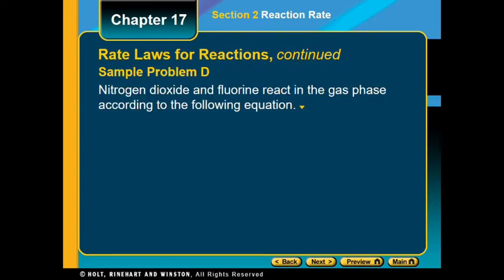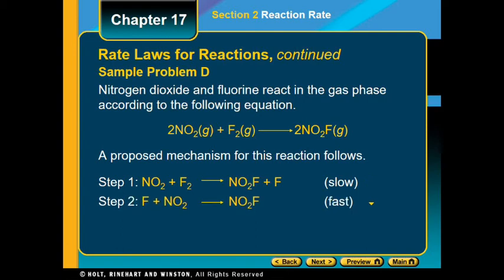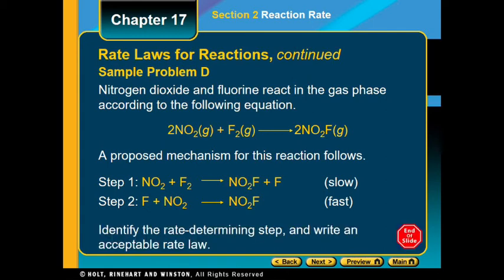So looking at another sample problem, nitrogen dioxide and fluorine react to give us NO2F. In a proposed mechanism, the first step is going to be our slow step, and then the second step gives us the actual NO2F, which is the fast step. We want to identify the rate determining step, which will be step 1, and write an acceptable rate law.